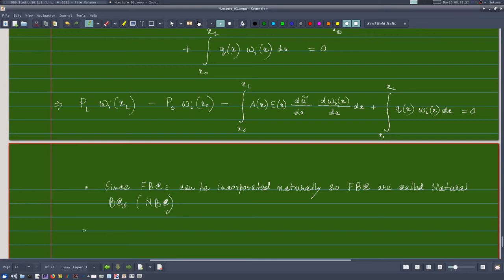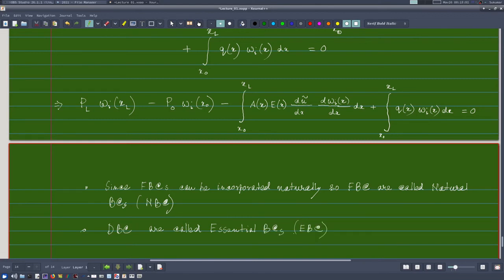And that's why my displacement boundary conditions, DBCs, are called essential boundary conditions. Essential BCs, okay, or EBC.